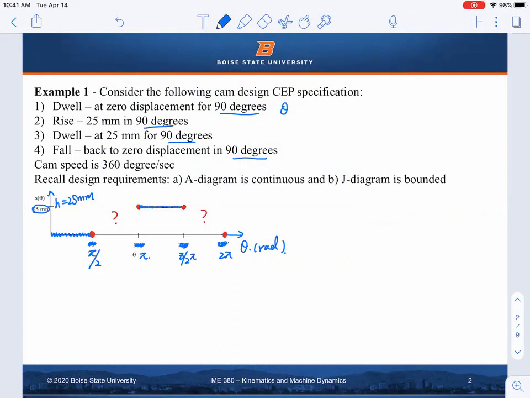Usually for cam design, we use piecewise functions described as functions of theta.